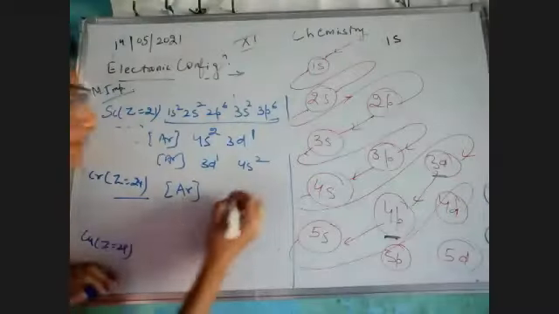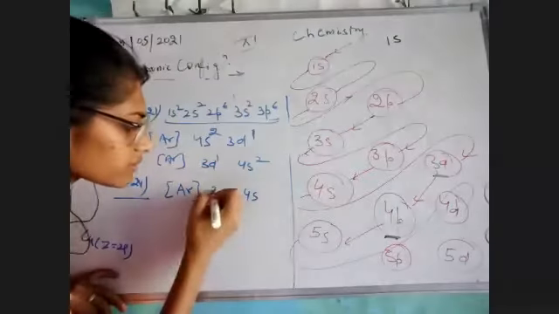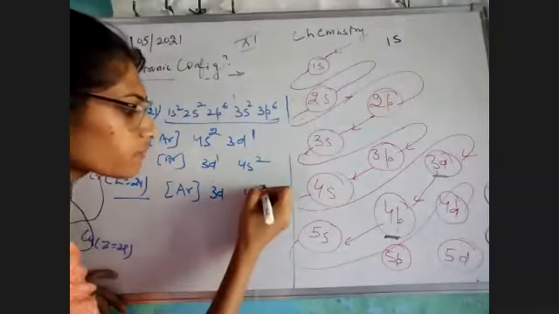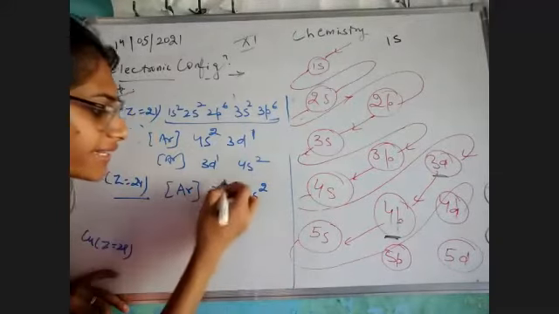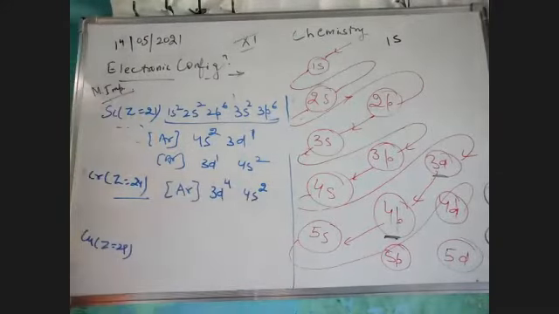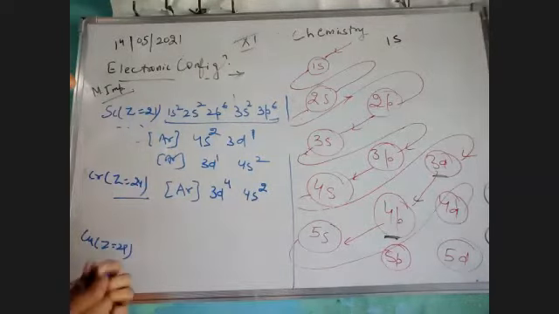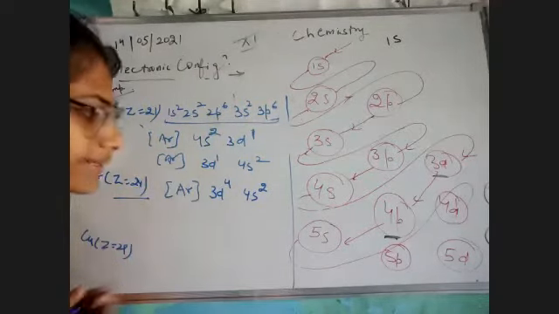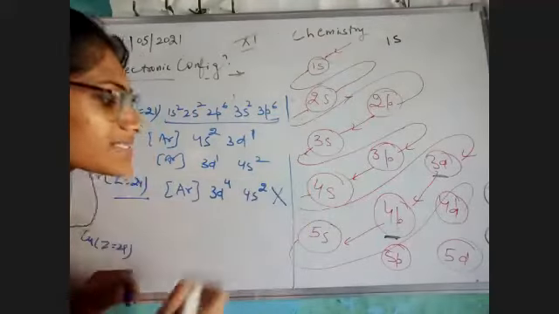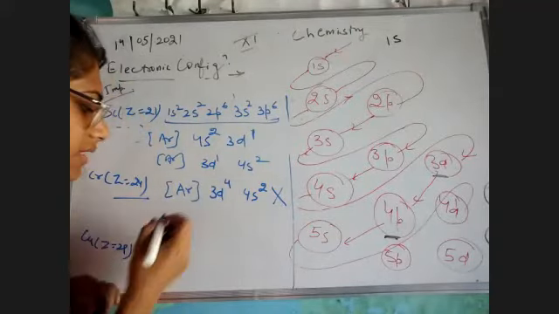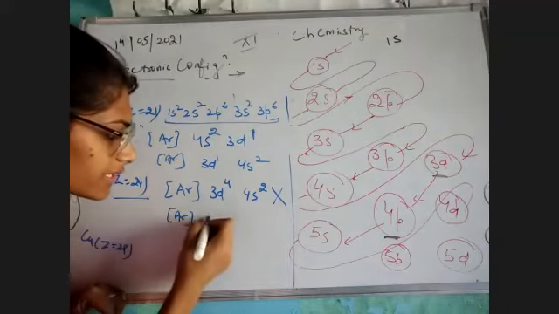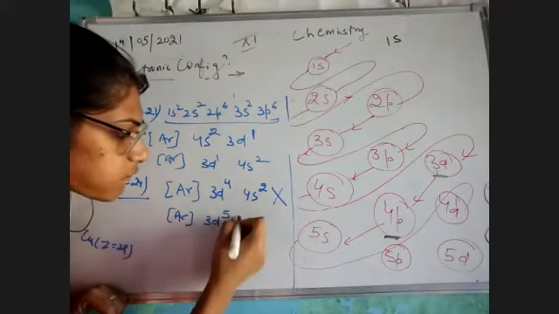So argon 4s2, 18 and 2 is 20, and 3d has 4. So the answer should be argon 3d4 4s2, but this is not our exact configuration. This is a wrong representation because it actually becomes argon 3d5 4s1.